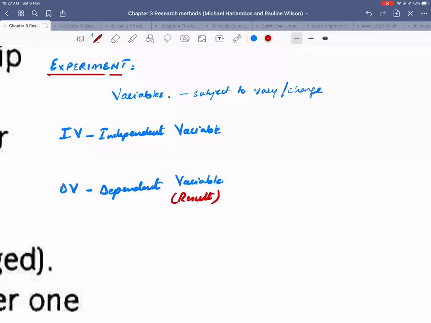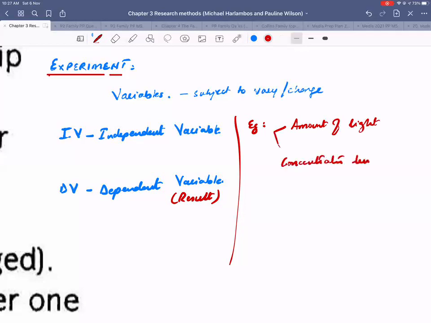Now, remember, I was saying I'd give you an example here. Let's just say if I want to figure out the relationship between the amount of light in the classroom and the effect it has on the concentration level of students.